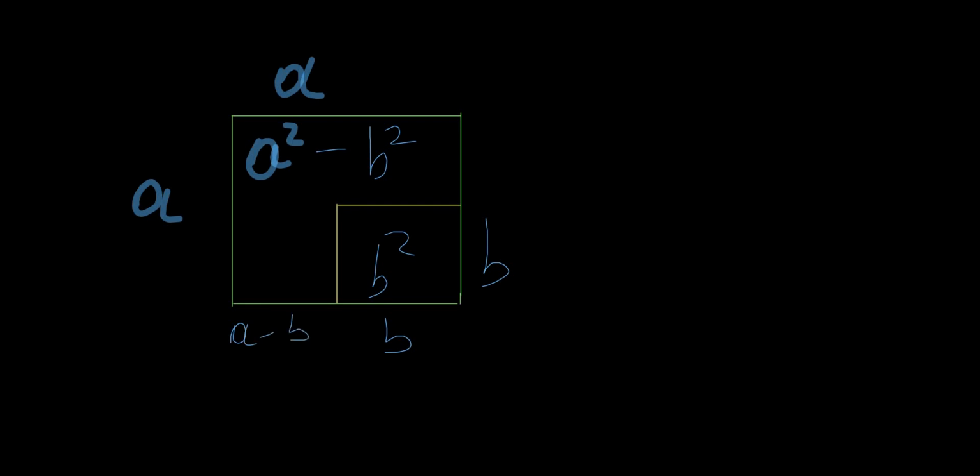If we were to look at this part very carefully, all of these squares have the same dimensions, so this side would be b, that side would be b.